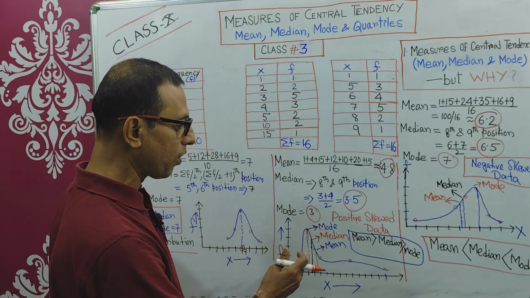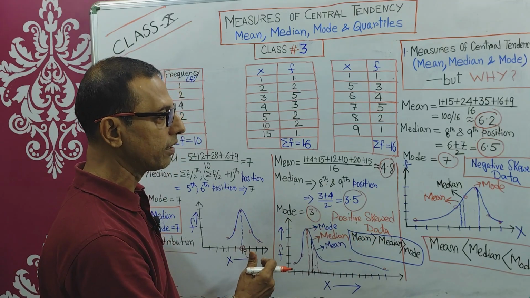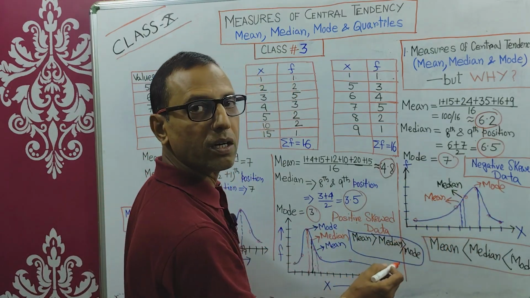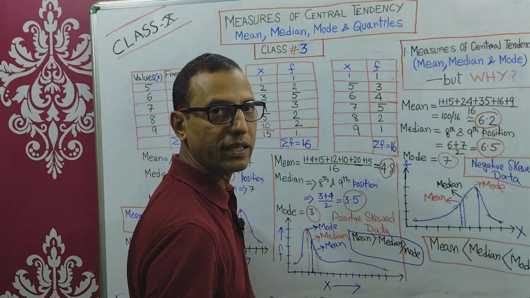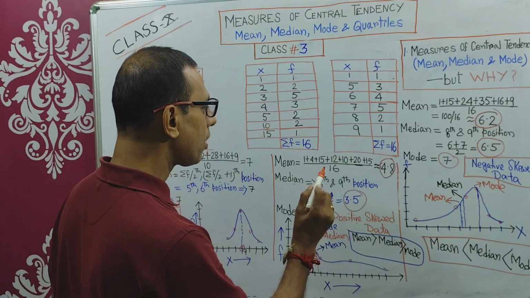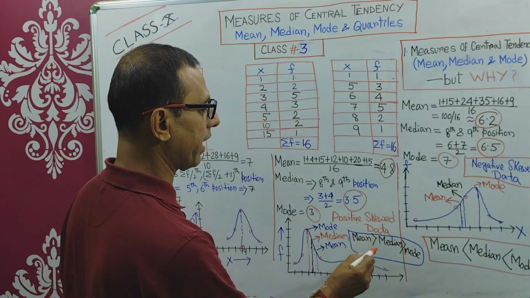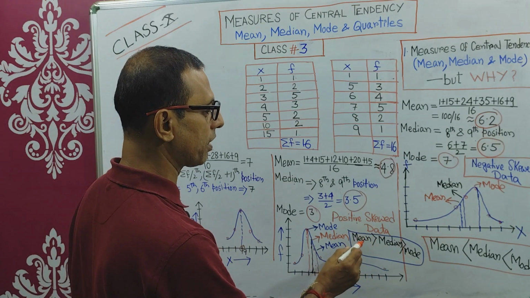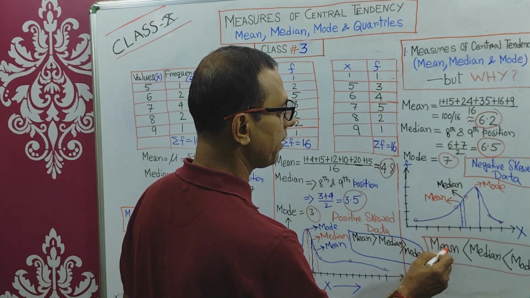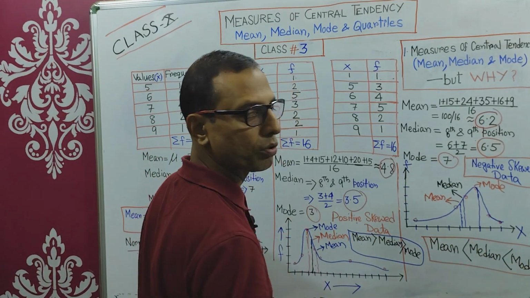Majority of the values for positively skewed data, it is the lower side. Whereas for negatively skewed data, majority of the observation values on the right side or the higher side, right? So for positively skewed data or right skewed data, mean greater than median greater than mode. And for negative skewed data, mean less than median less than mode.